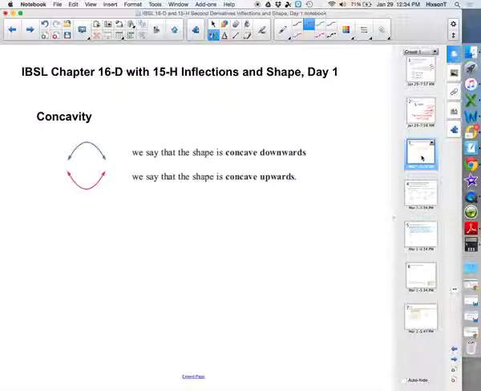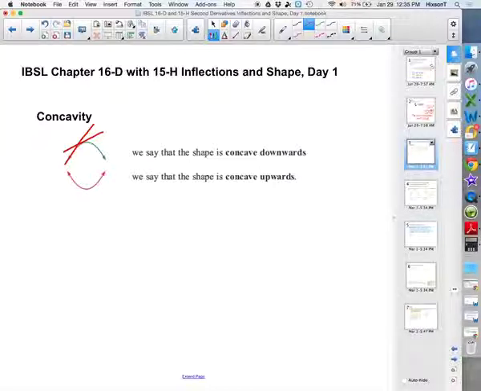Now, if something is concave downwards, you see something like this, all right? Notice, part of this, the function is still increasing, but it's concave downward because here we're increasing pretty fast, but here we're increasing a little slower.